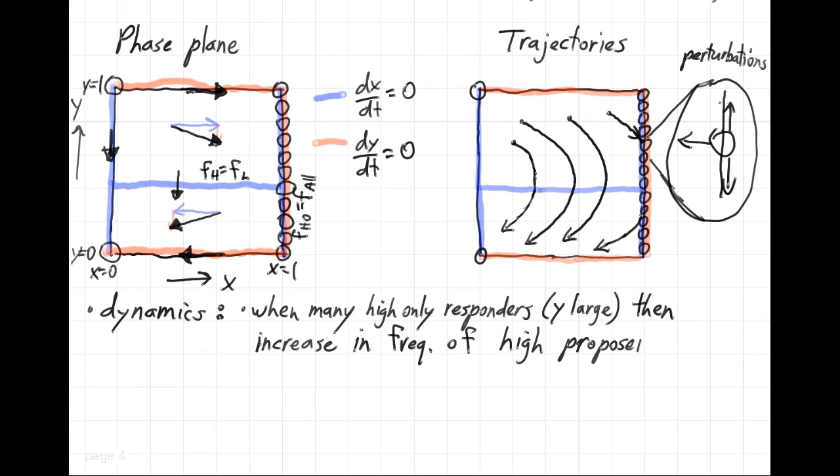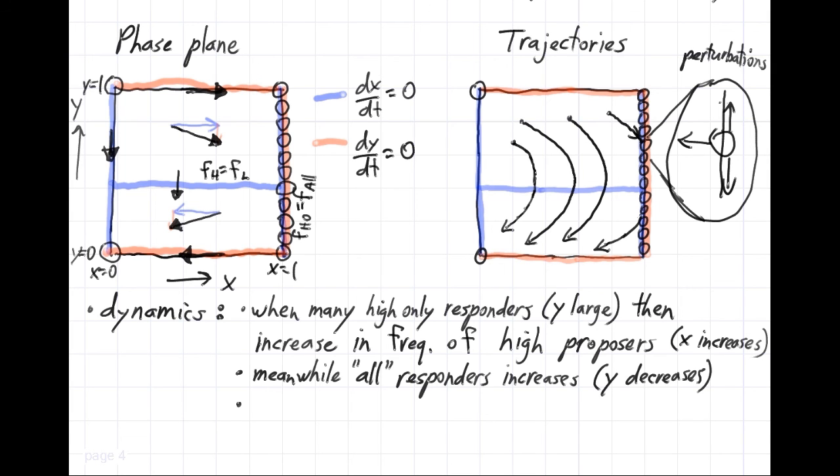They'll tend to do better than the low-offering proposers, because those never get anything against these high-only responders. But while that's happening, the frequency of accept-all responders increases, meaning that Y decreases. Eventually we reach a point where the low proposer can thrive and take over. And that's the lower portion of the graph.